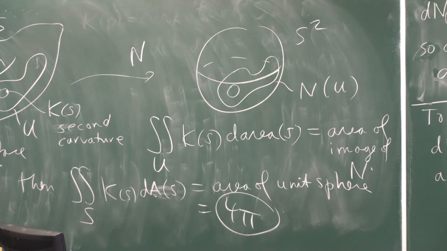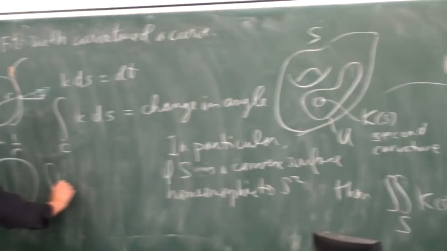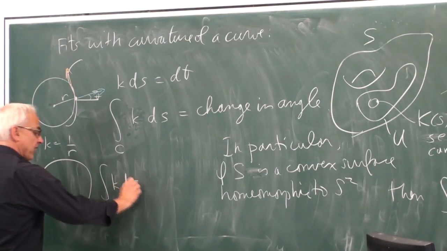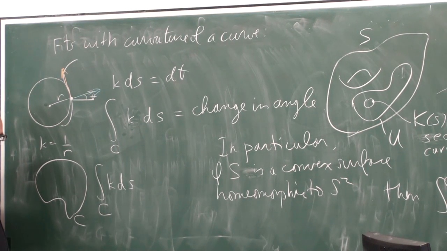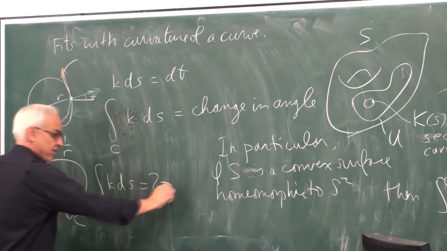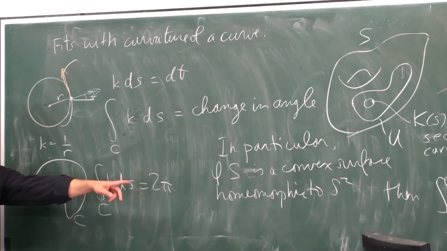And that's a two-dimensional analog of the fact that if you have a curve like this and you integrate its curvature ds along the curve, you get the circumference of the circle of radius 1, which was 2 pi.